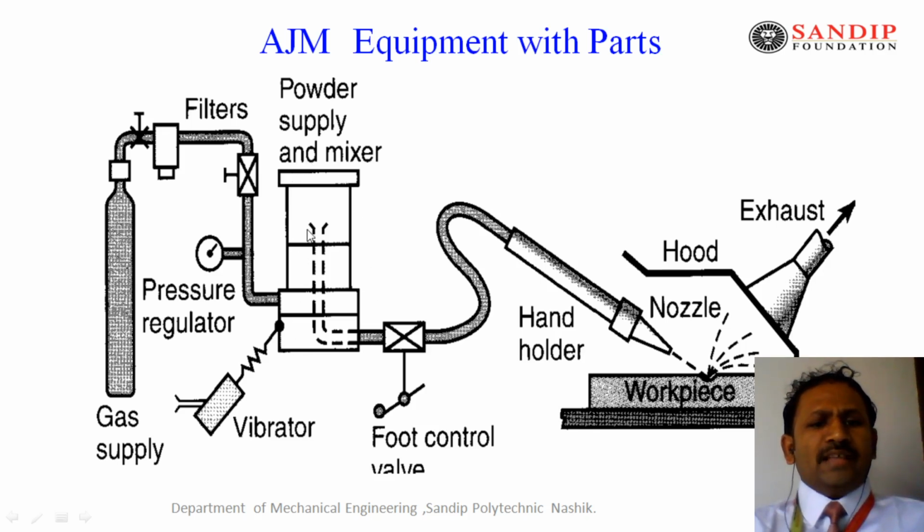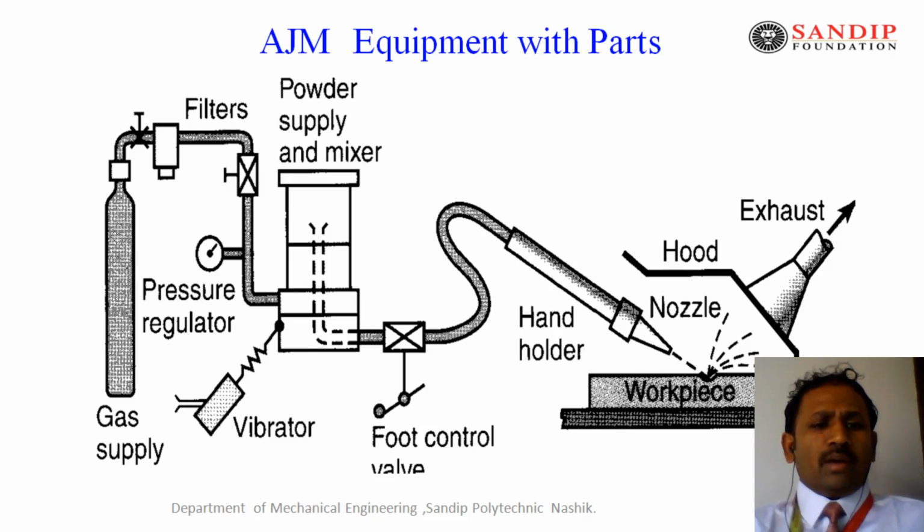Here are the abrasive materials. Which abrasive material? Aluminum oxide, then silicon carbide. These materials are mixed in the mixture container, and the gas gets mixed again in this chamber. The abrasive particles and gas get mixed with each other, then form a high velocity flow.